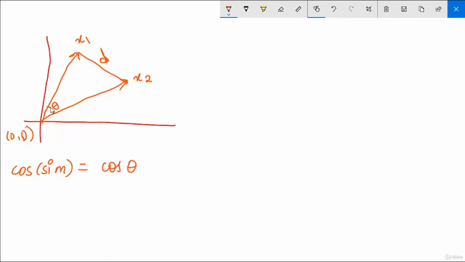If theta is 0, these two lines will be coinciding, right? Then similarity will be 1. And whenever the similarity is 1, these points are very similar. If this is 0, these lines will be coinciding and they will be very similar, right? I hope you are getting it now.